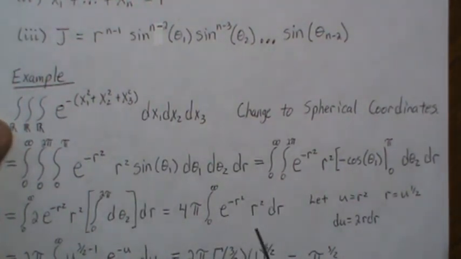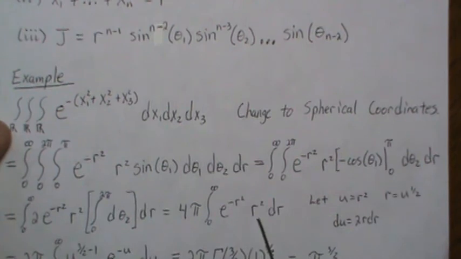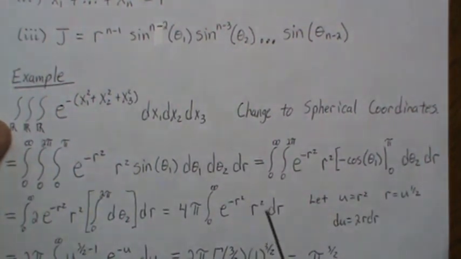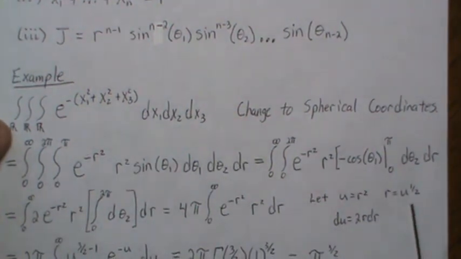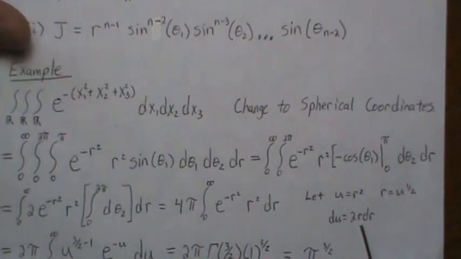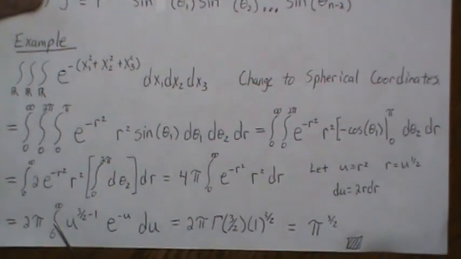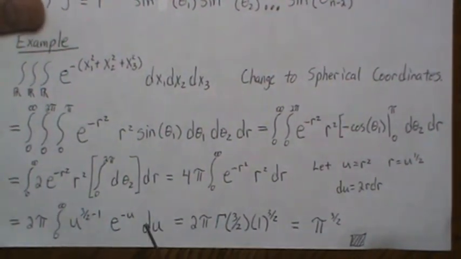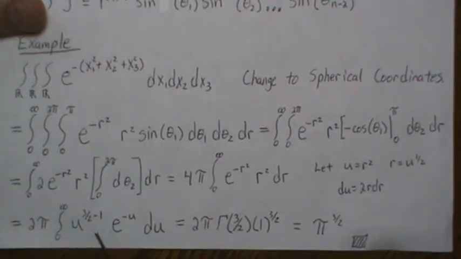Now we integrate this with respect to r, but we make a u substitution, let u equal r squared. r is then u to the 1/2, du is equal to 2r dr. And then you plug everything in, you get this integral.